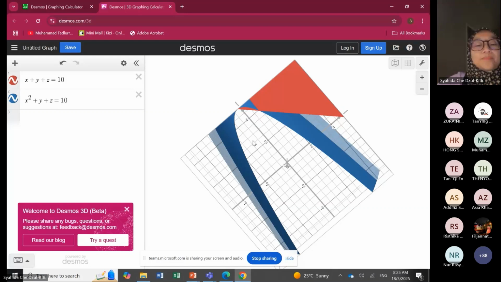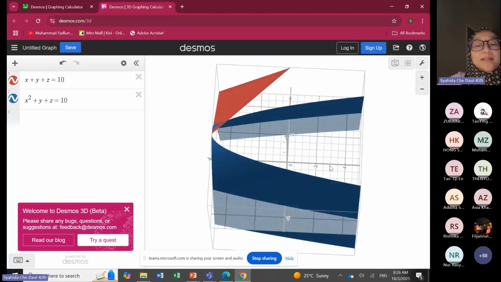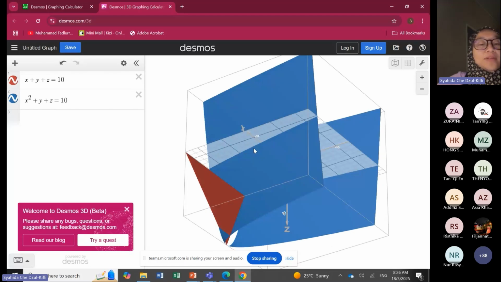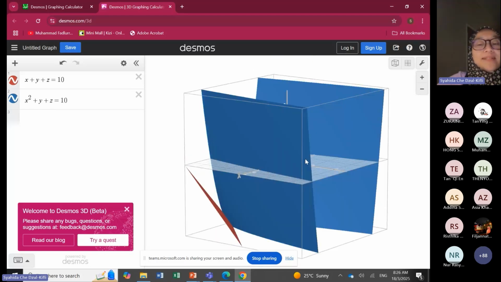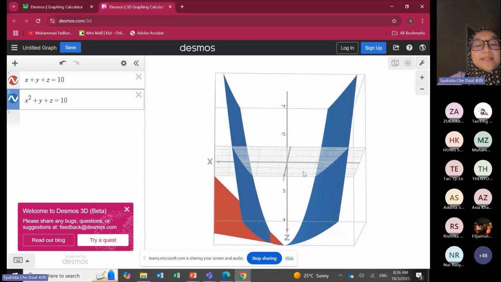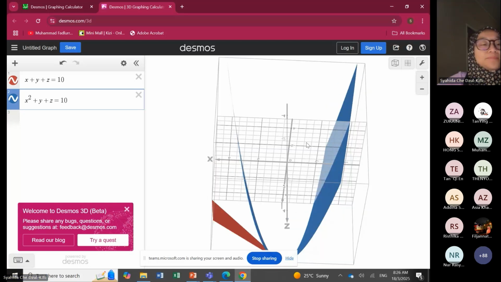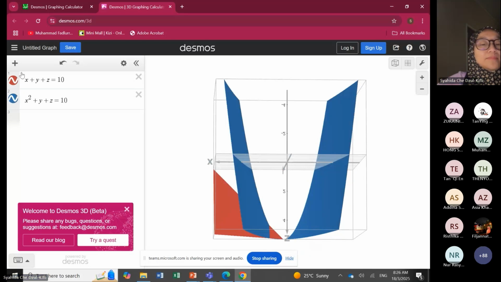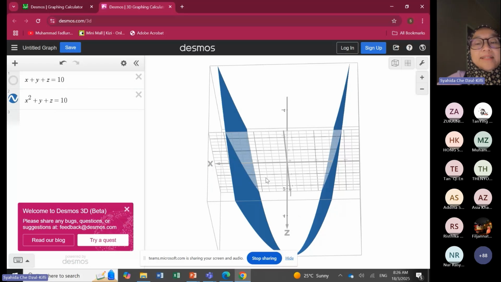So in this space, the surface of the third graph is not linear anymore, right? Don't you see? It's not linear anymore.